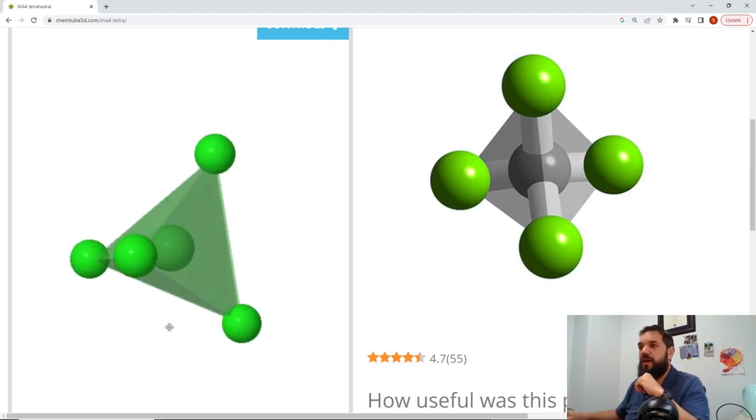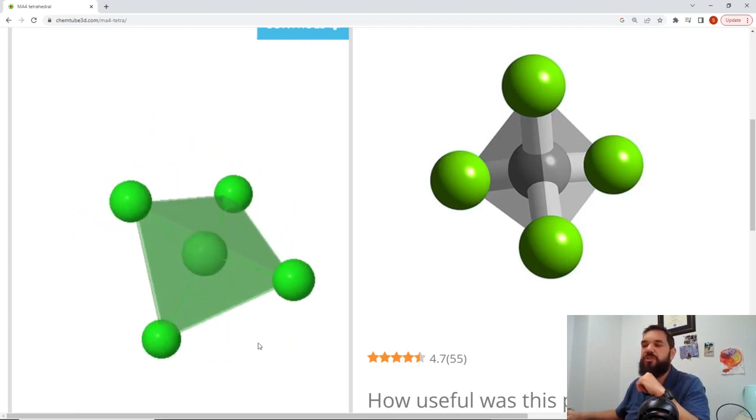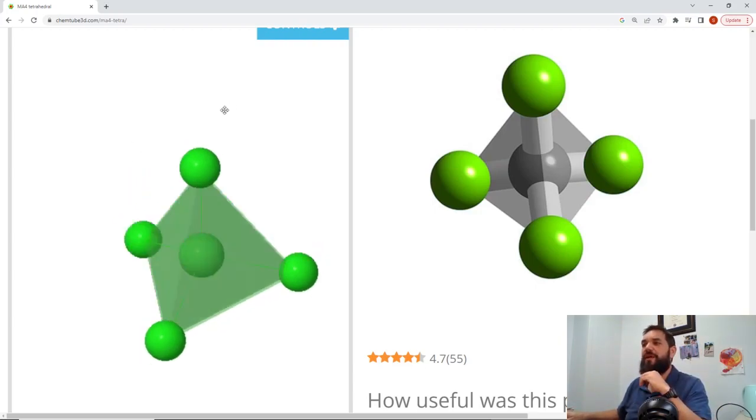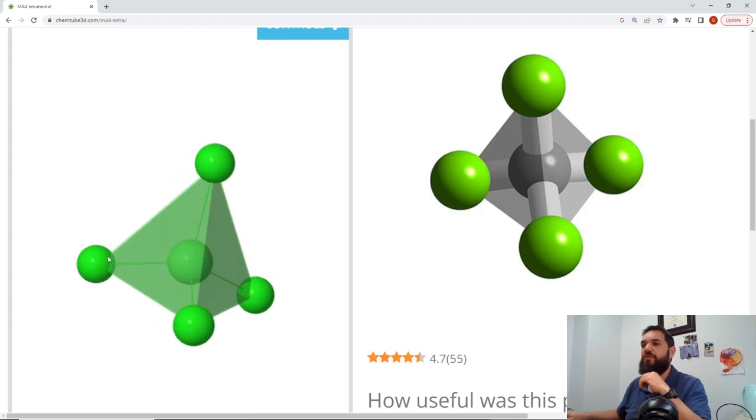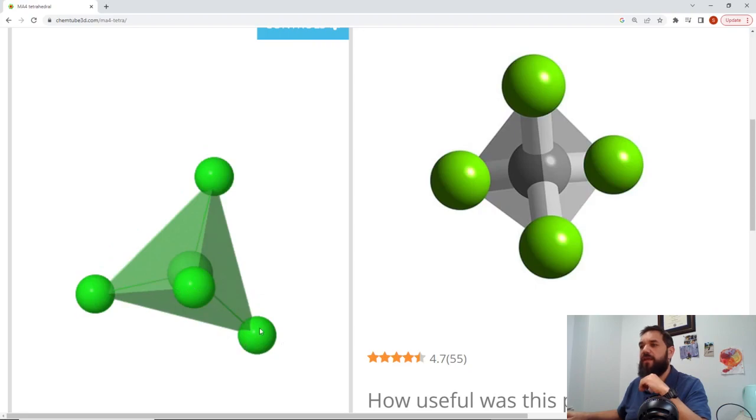What it shows you is how 4 things will arrange around a central atom in the most spaced out way possible. Because remember that electrons have the same charge, a negative charge, they're going to try to space themselves out as much as possible. So imagine 2 of these are hydrogen, and the other 2 are the lone pairs of electrons, the unbonded pairs.